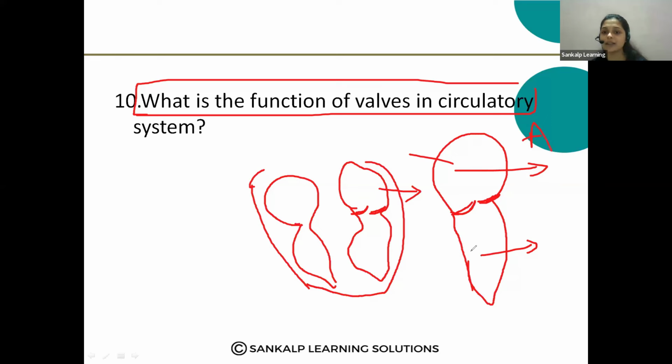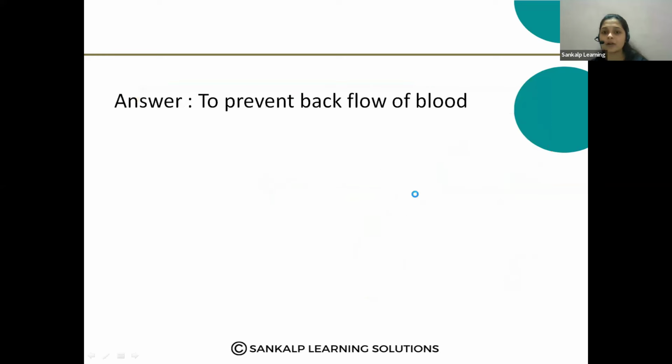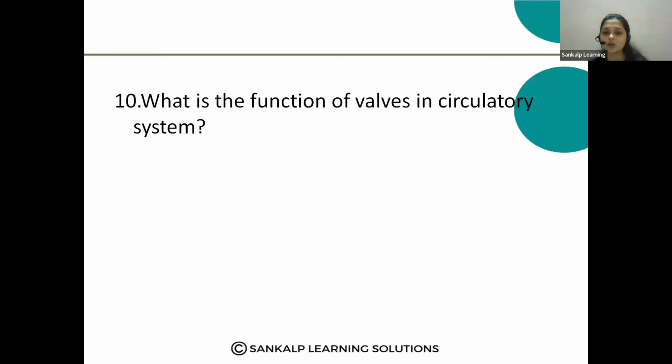They prevent the backflow of the blood. These valves are also present in the aorta and the pulmonary vein. They prevent the backflow of the blood to the atria or the ventricle. Like that, they help the heart.